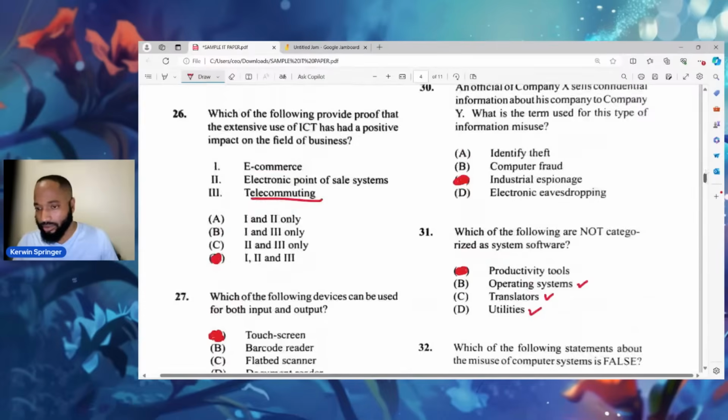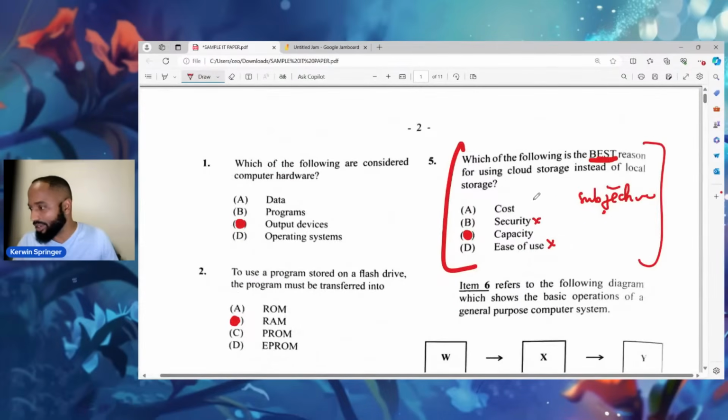And this one, number 5, I find it very subjective. But the best answer to me is C. A could be an answer too. I could agree that A could be the answer. It can be B, you're more secure offline.